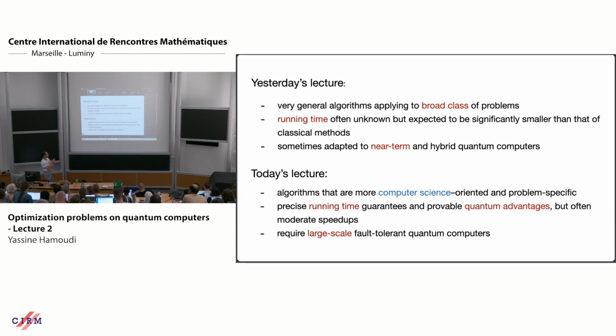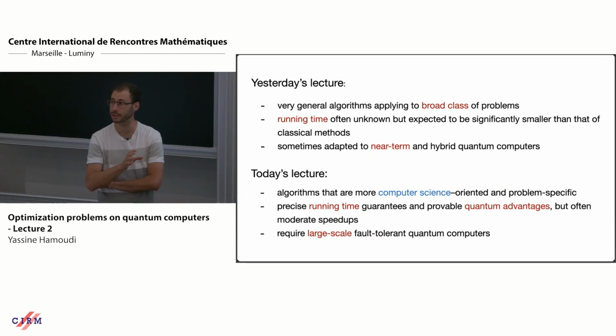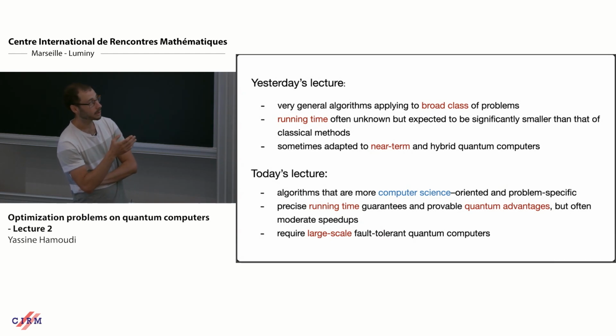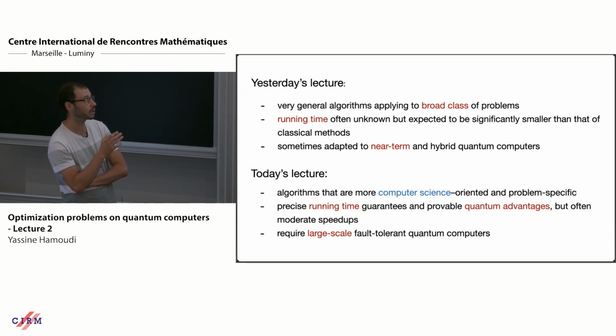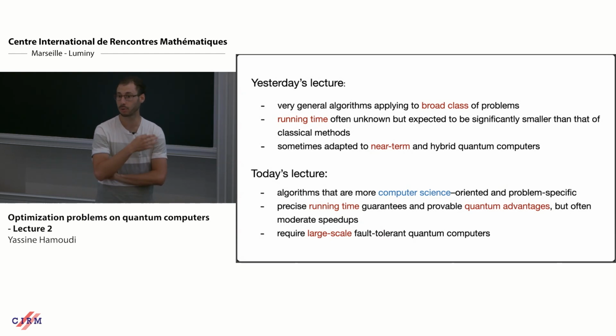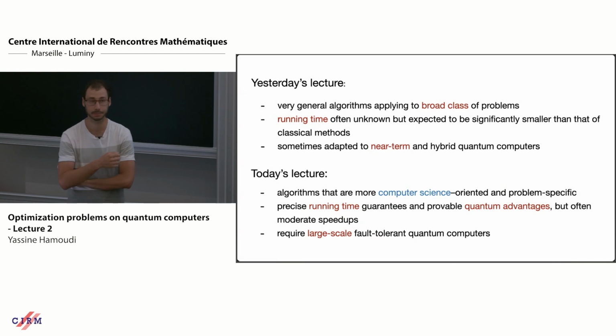On the positive side, we will be able to give very precise running time guarantees. Compared to yesterday where there was some unknown about the spectral gap and so on and so forth, today we'll be able to characterize precisely the complexity of the algorithm. They will give us quantum advantage, so quantum speedup. However, as you'll see, this speedup is often moderate, like polynomial speedup, not exponential speedup.